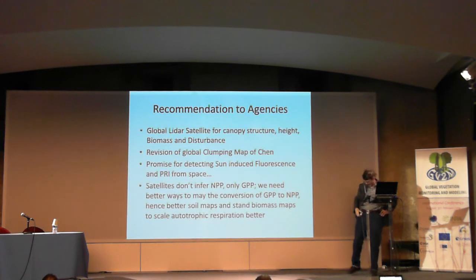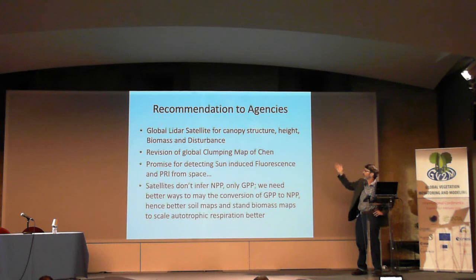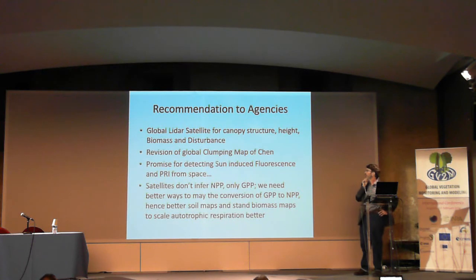So I'll finally end up here, because I really want to try and catch an early train. So, recommendations to the agencies. Again, I might be naive, but I'd like to hope for the future we can come up with a global LiDAR satellite for structure, height, biomass, disturbance. I think that'd be really cool. I think we need to revisit and update maybe the global pumping maps of Chen.